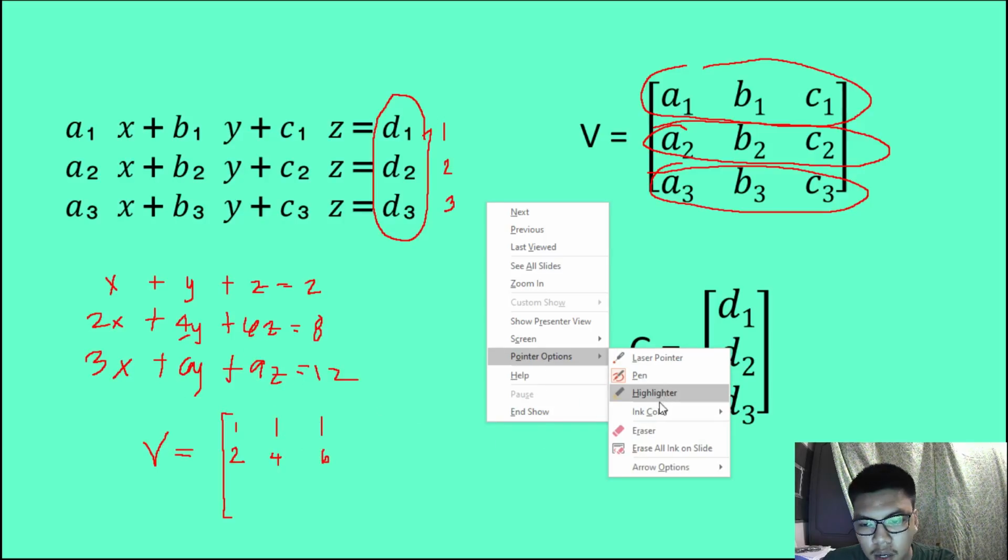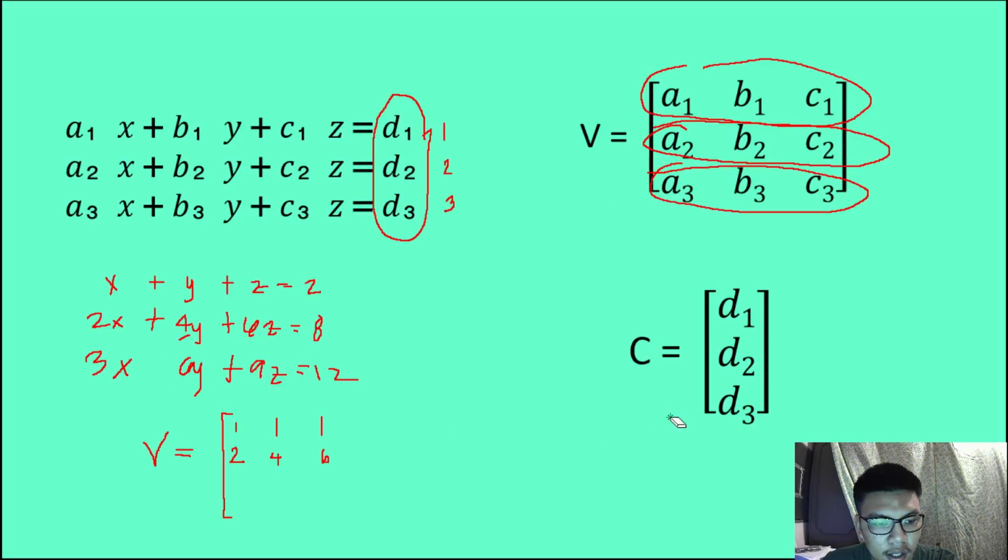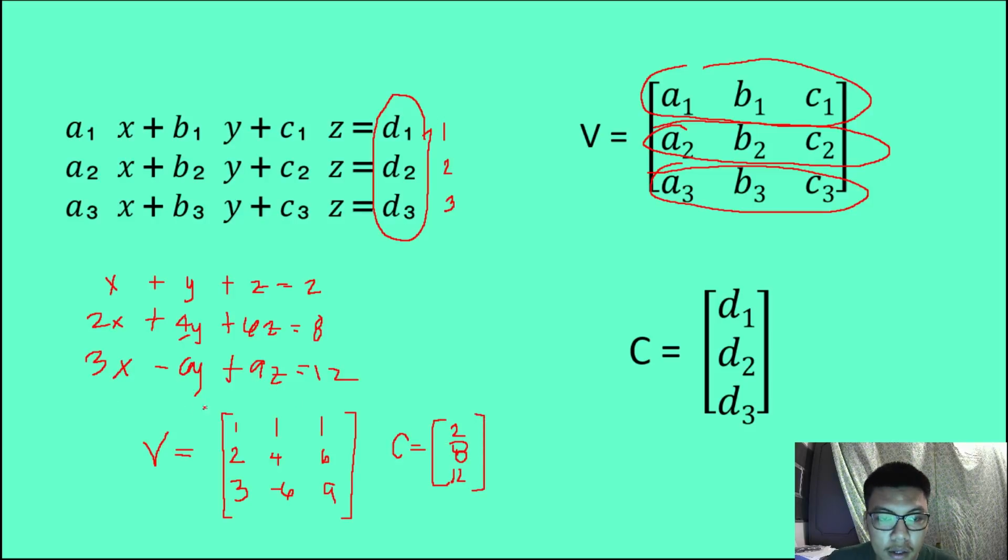Let's say, for example, this one is negative. Ano, gawin natin negative para makita. So, halimbawa ito yung negative. So, if you have 3 here, so 3, then negative 6, then 9. Okay, so that is your coefficient matrix. Then for constant matrix, let's name the matrix C. So you have 2, 8, and 12. So we simply build a matrix or we form a matrix. So ganun lang magawa ng matrix, ano? Huwag malilito. Now let's have Cramer's rule.